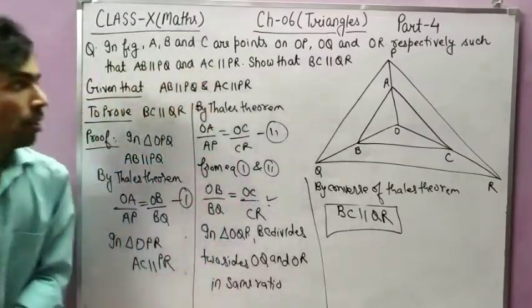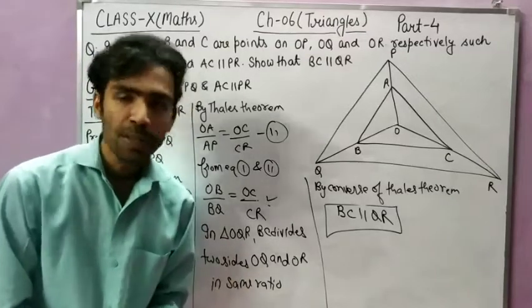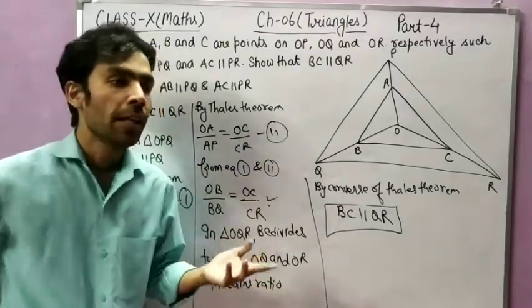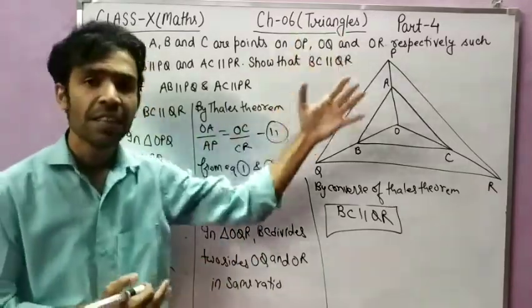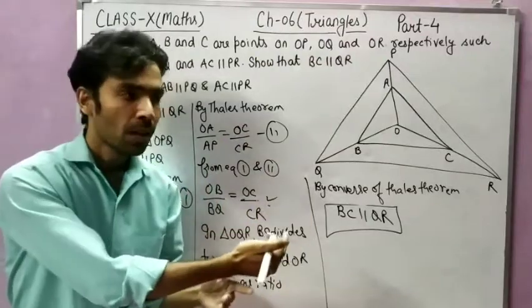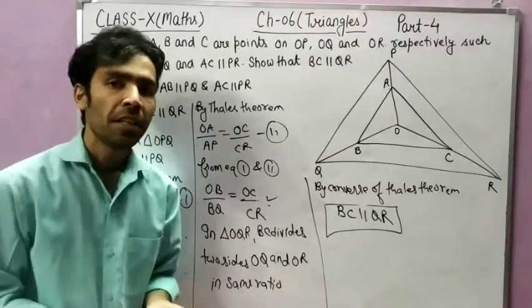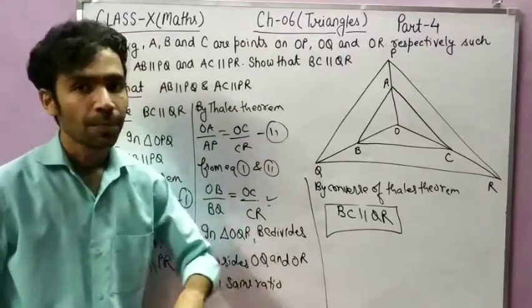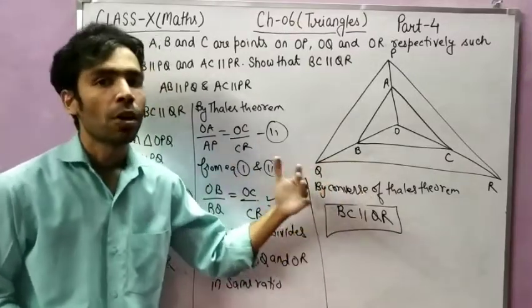Okay. So in this question we have applied Thales theorem and also the converse of Thales theorem. So you need to look at how to apply these type of questions. First, whatever things are given, with the help of those given things, find out the result. When you get the result and compare it, you will get another result, and by seeing that result, you can recognize that if this is happening, then that condition or that theorem will follow.